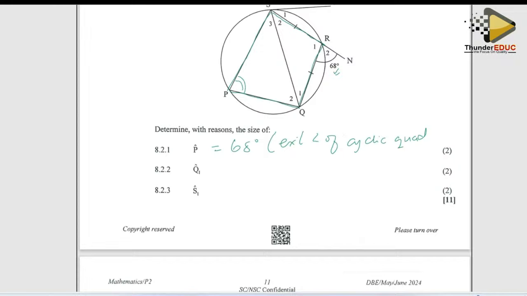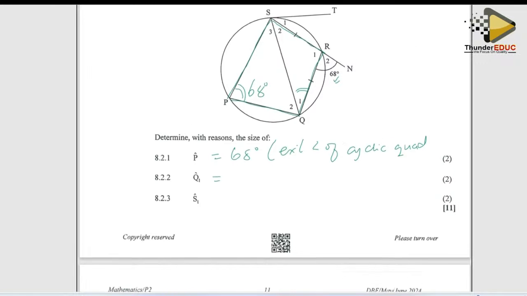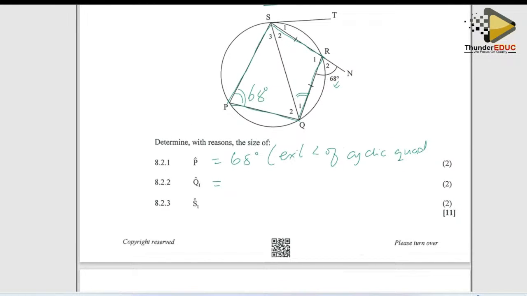Then Q1, they want us to get Q1. So if this is a 68, where is Q1? So what I can notice is this S2 is the same as Q1, because those are going to be angles opposite equal sides.